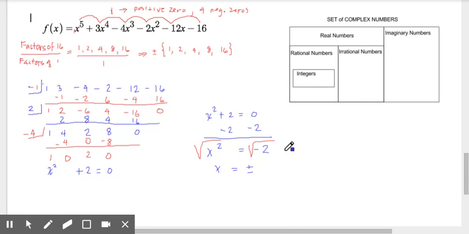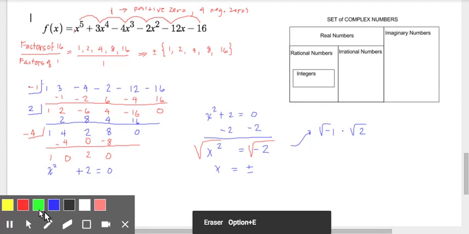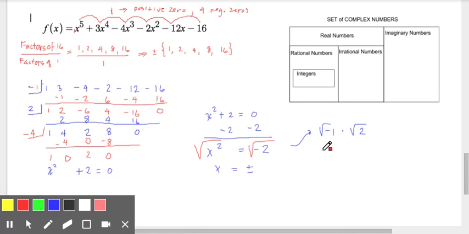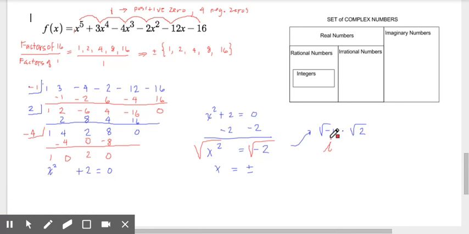Now, square root of negative 2 is the same as square root of negative 1 times square root of 2. Now, we can get the square root of 2. We can visualize this. But the square root of negative 1, no. So we assign this letter, which is i, for imaginary.